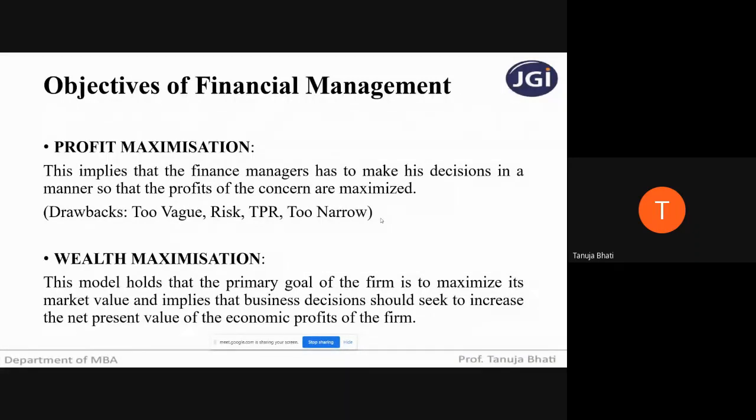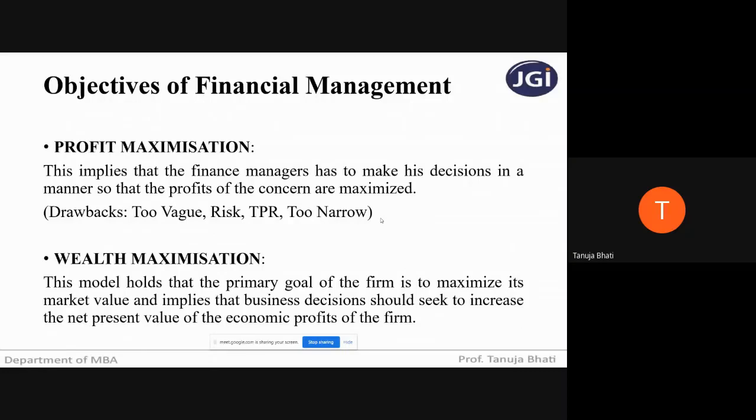Suppose the market value of a particular company is high in the market, what happens? Many shareholders will want to invest in the company, and the economic profit of the company will automatically increase. So wealth maximization is a bigger, larger, and broader objective of financial management.